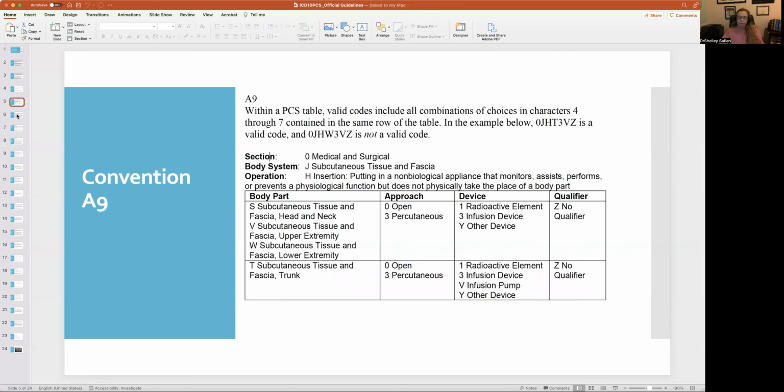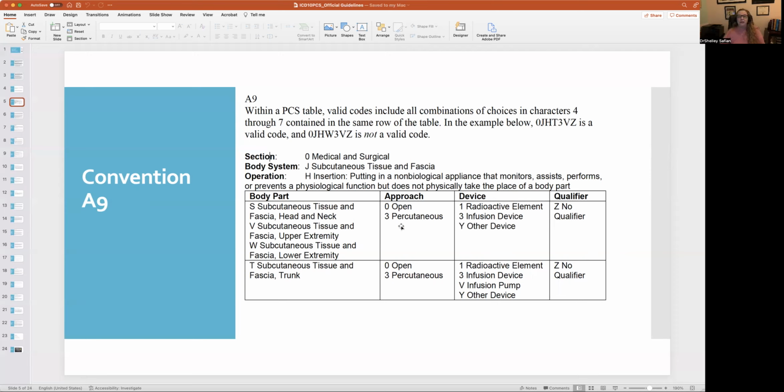All right. A9 talks a little bit about the importance of staying on the row. Once you start with your first three characters, 4, 5, 6, 7 are going to be presented in the table, and you're going to have options.